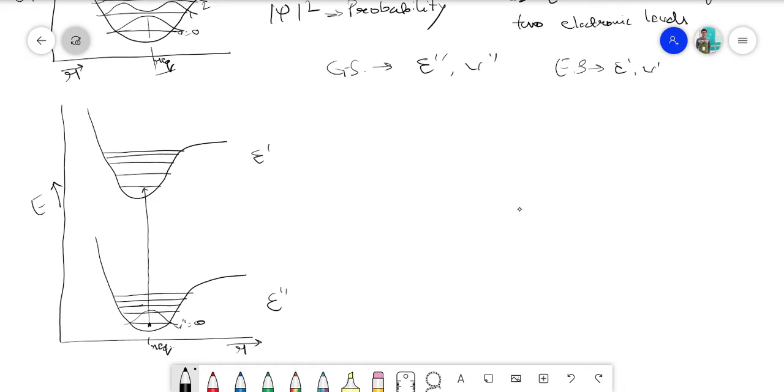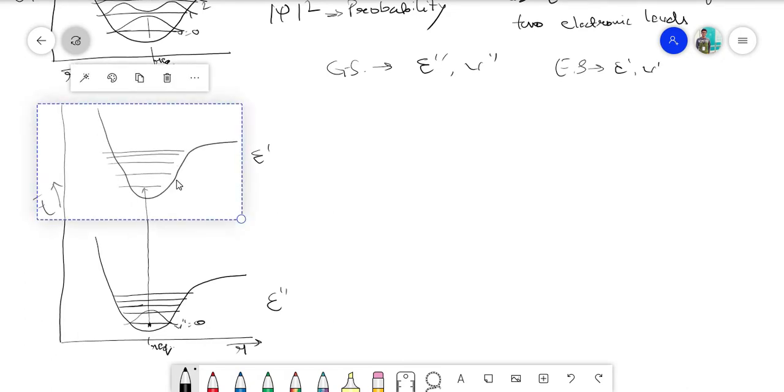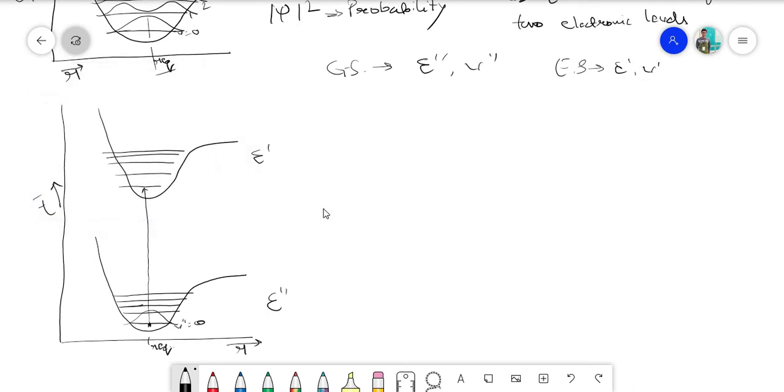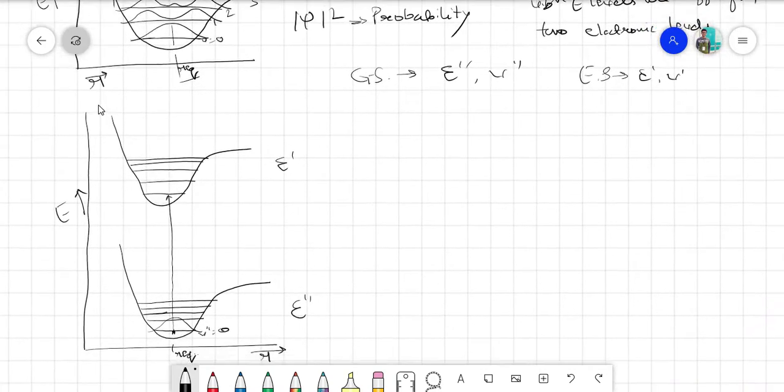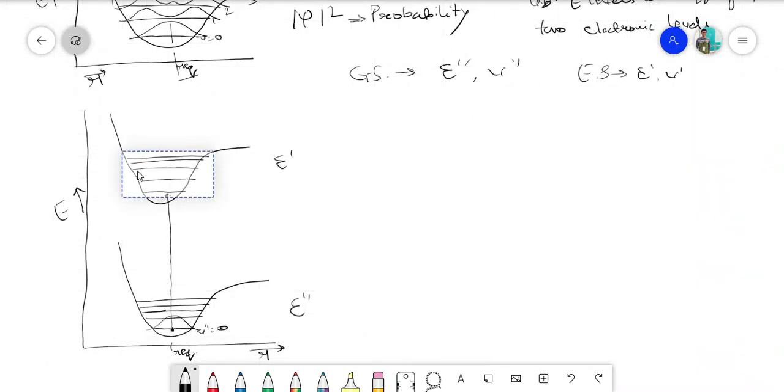So it is doing a transition from the ground vibrational state of the ground electronic state to the ground vibrational state of the first excited state. That kind of transition is occurring here.